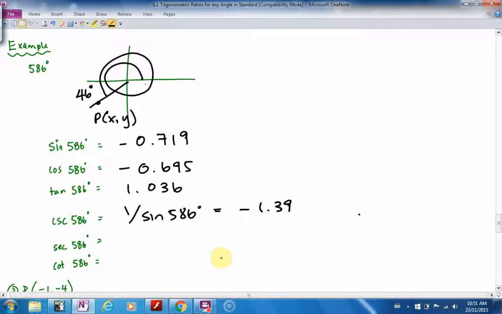And then the same thing for secant, you're going to do 1 over cosine 586. And for cotan, you're going to do 1 over tan 586. So what is the secant, please, Cassie? You have to say it loud for me. -1.439.